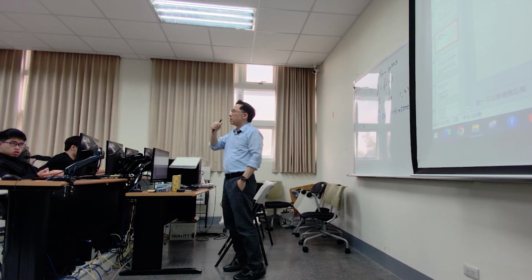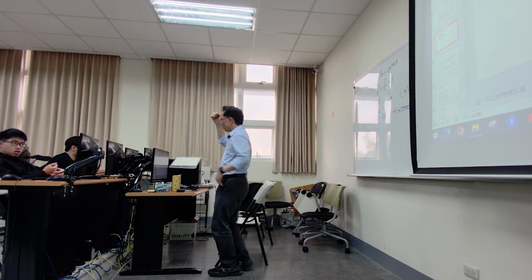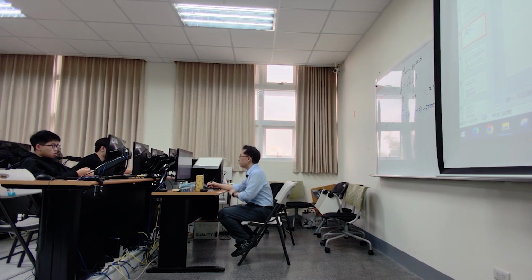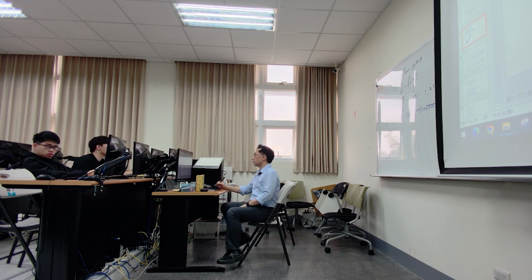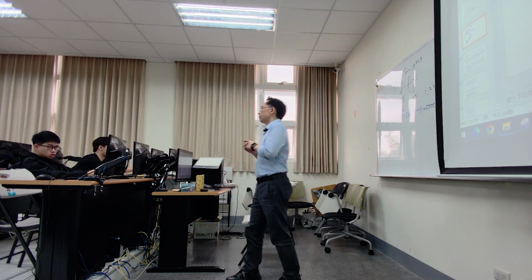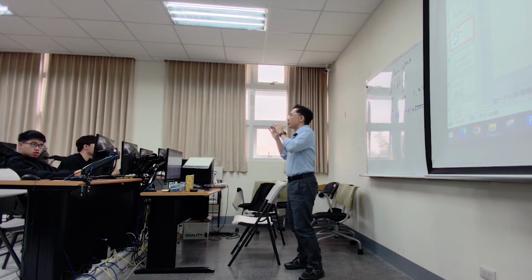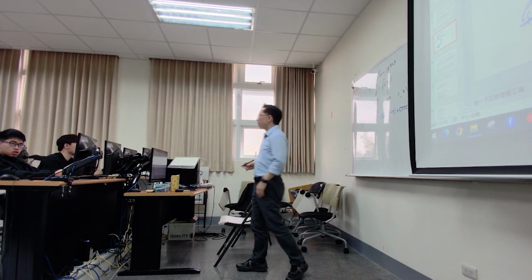The problem is if I need to use another one. Let me go to another drawing. A robot, okay, this is my robot. Then the robot can do the same, so we will attach coordinates onto the robot.